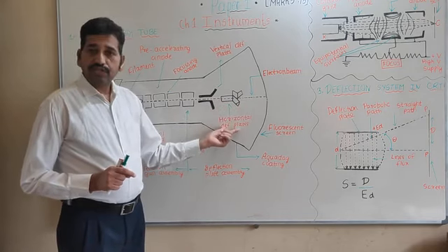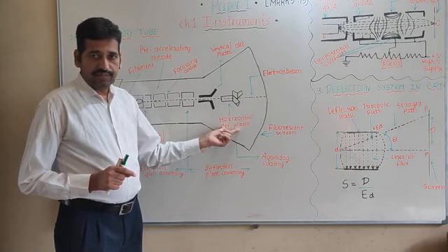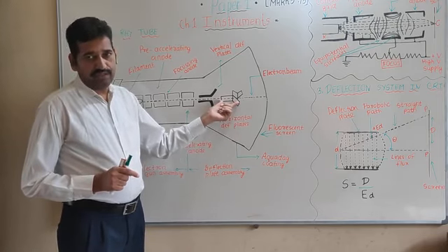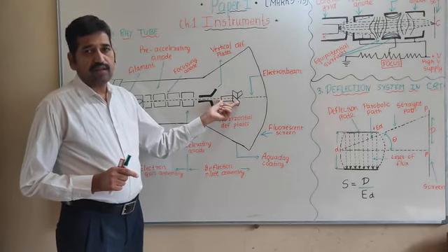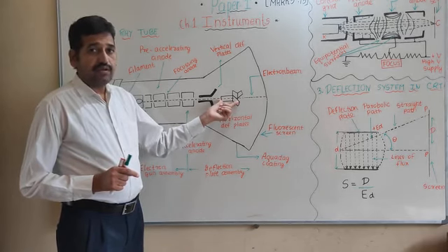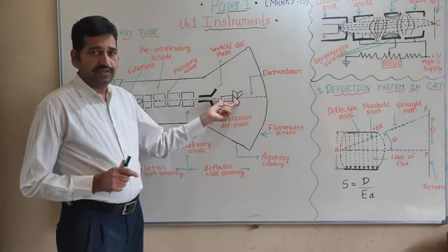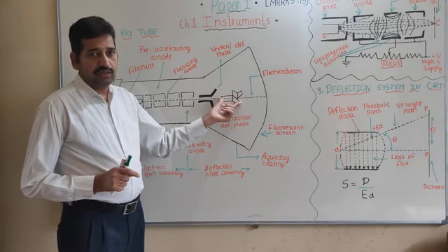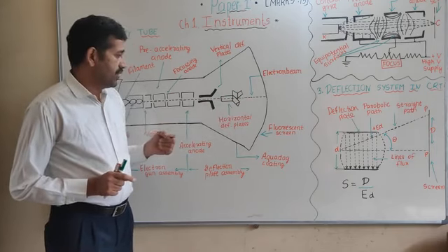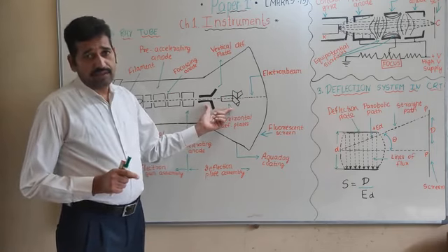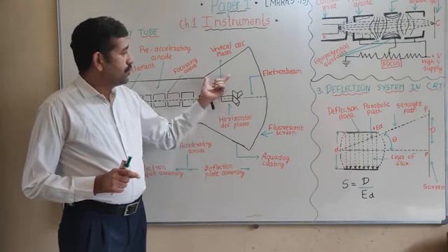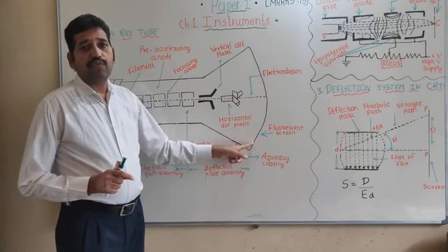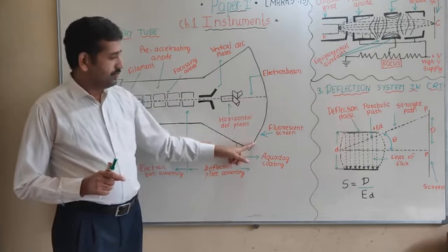Similarly, horizontal deflection plates are arranged vertically and are given sawtooth voltages, which divert the electron beam horizontally towards left or right. So it is the combined effect of both deflection plates. That's why we can observe a trace or waveform on the screen.